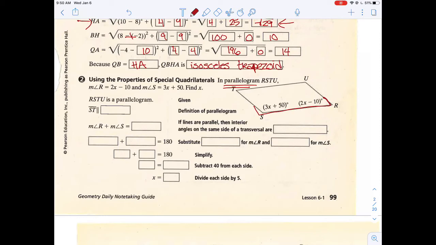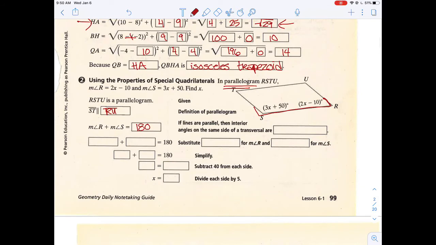Since ST is parallel to RU, we know that the measure of R plus the measure of S is 180 degrees, because if lines are parallel, then the same side interior angles are supplementary. What it's saying is if we extend these parallel lines, they're cut by this line, and these are same side interior angles.